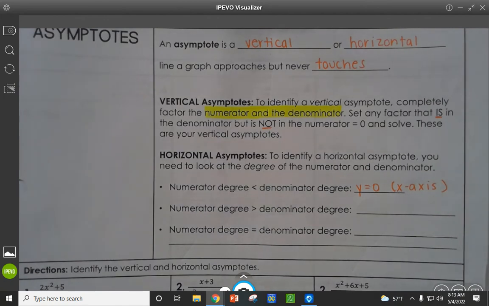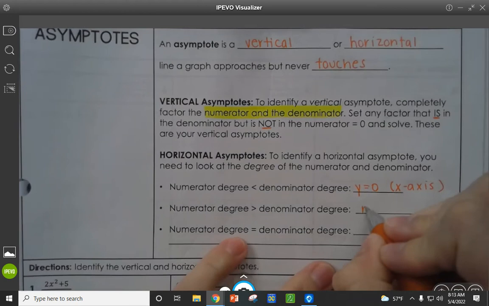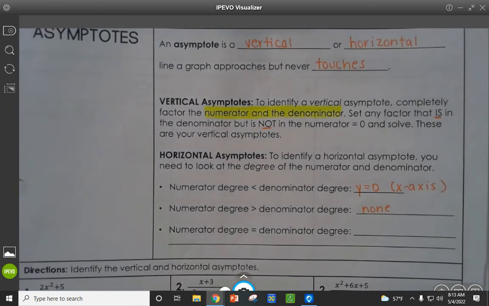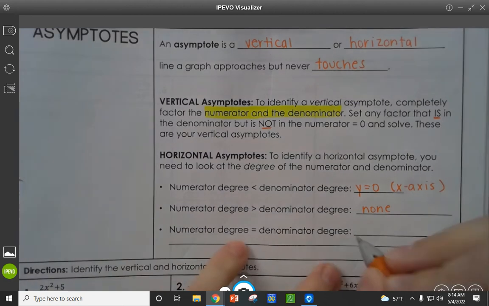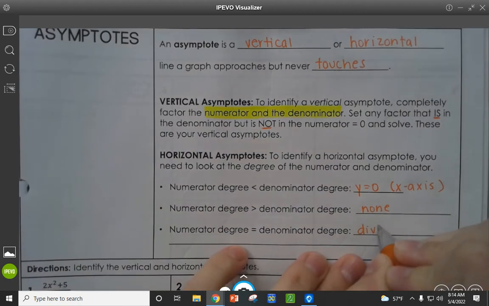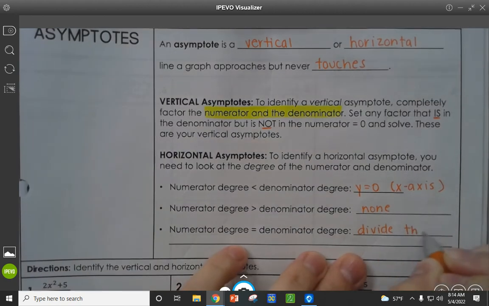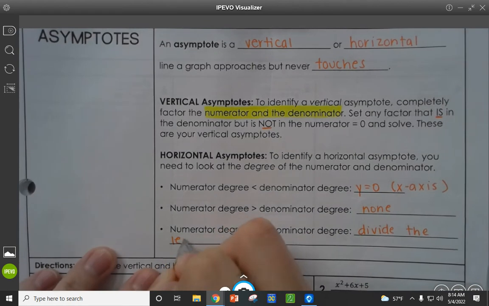If the numerator degree is larger, so if we have an x cubed up top, but only an x squared in the bottom, there is no horizontal asymptote. If the degrees are equal, so you have x cubed and x cubed, we divide the leading coefficients.